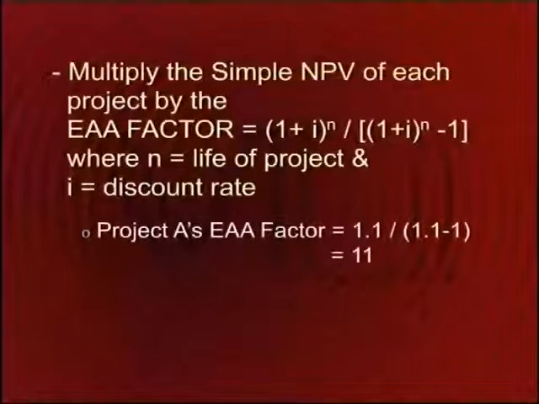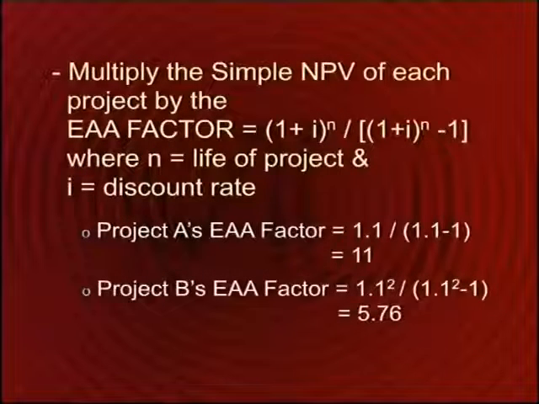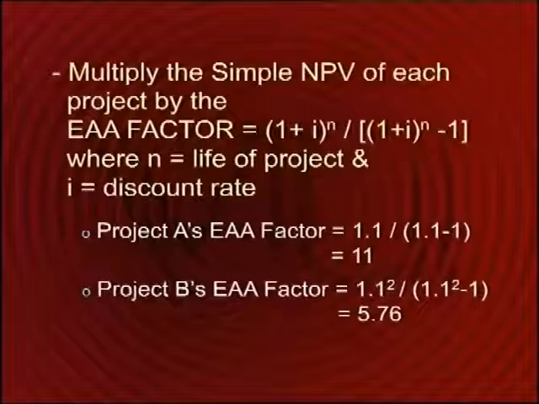That is equal to 1.1 divided by 1.1 minus 1. And that is equal to 11. In the case of project B, the EAA factor is equal to 1.1 squared, all divided by 1.1 squared minus 1. And that is equal to 5.76.